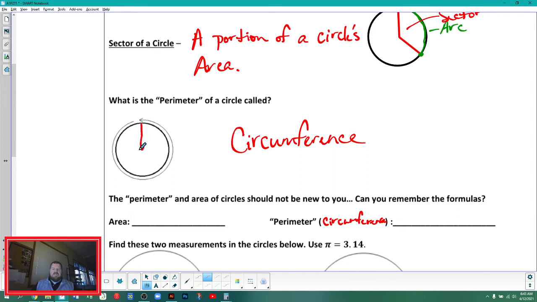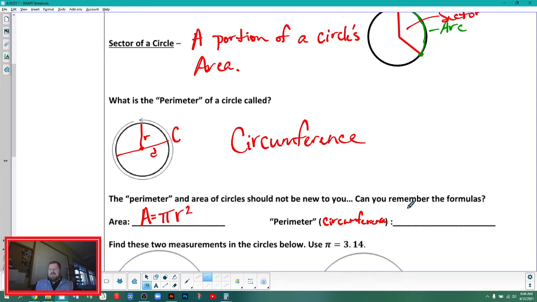From the center to an edge would be a radius. And all the way across would be the diameter. And we said that the distance around was the circumference, C. And obviously the space that fits inside would be its area. But what is the area formula? See if you can remember it.